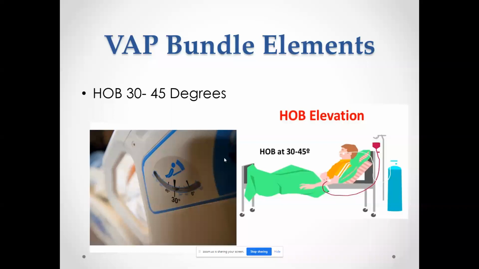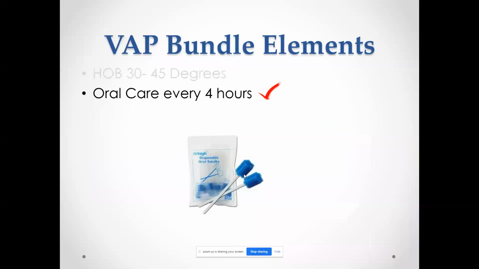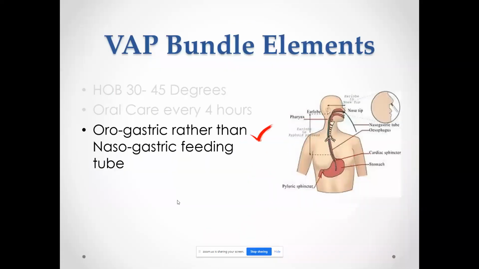فإذا مثل ما تكلمنا دائما الهيد elevated it should be 30 to 45 degree، دائما الراس لازم يكون عالي بنسبة 30 ل 45 as you see here. Oral care every 4 hours، كل 4 ساعات بنعطي oral care للمريض مثل ما تكلمنا كمان. الأوروغاستريك أو النازوغاستريك كمان we need to use it.